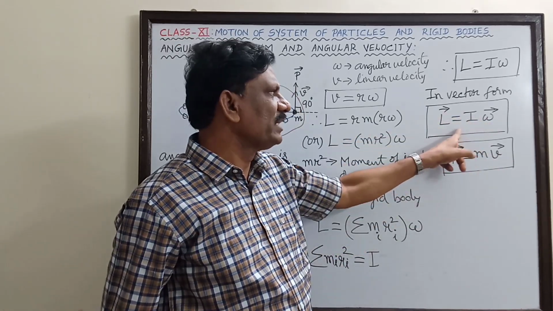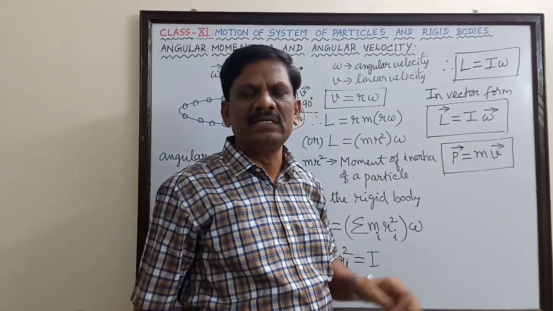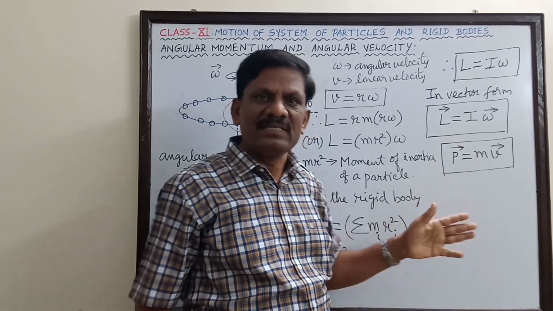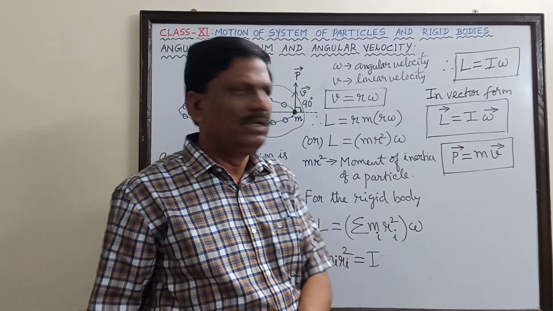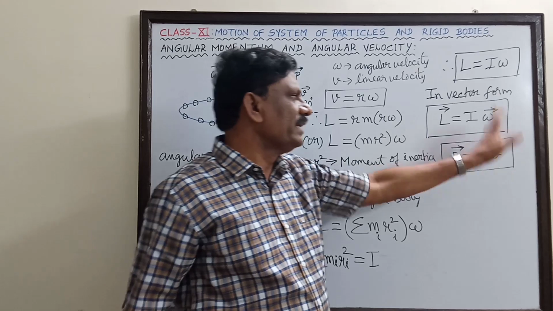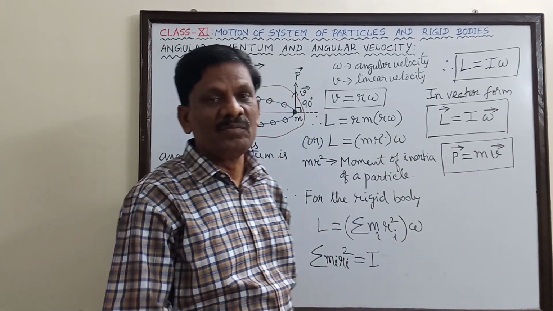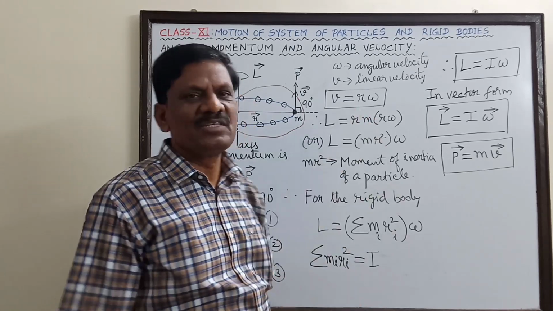So this equation L is equal to I omega is true for rotational motion or angular motion, whereas it is analogous to the equation P vector is equal to m into v vector in translatory motion or linear motion. I hope you must have understood well. Fine.